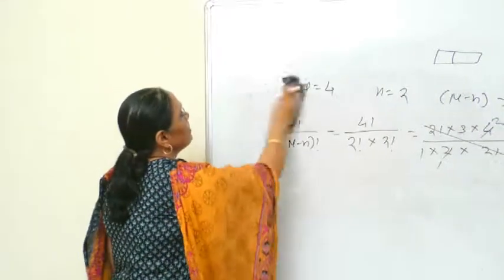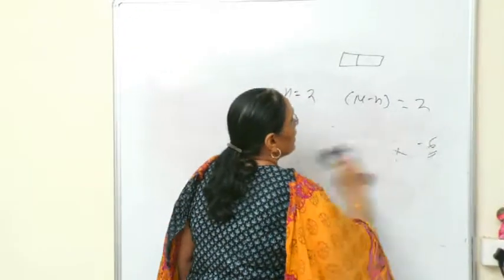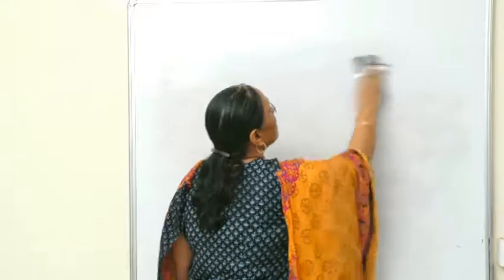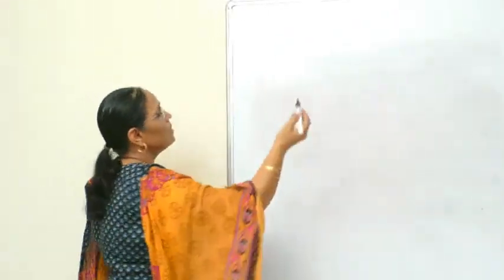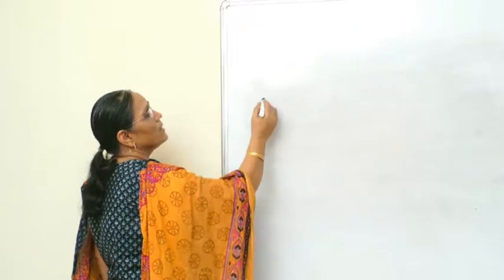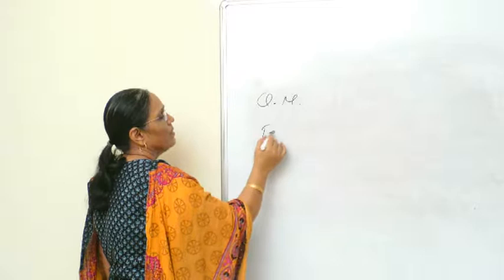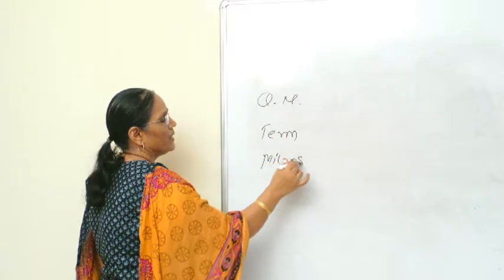So this is about the representation of electrons with the help of ml and ms values, which is called a microstate. We can revise these 3 points, that is first quantum numbers, then term, and third microstate.